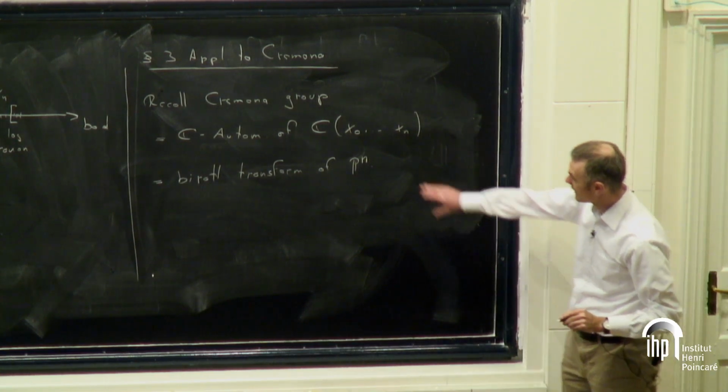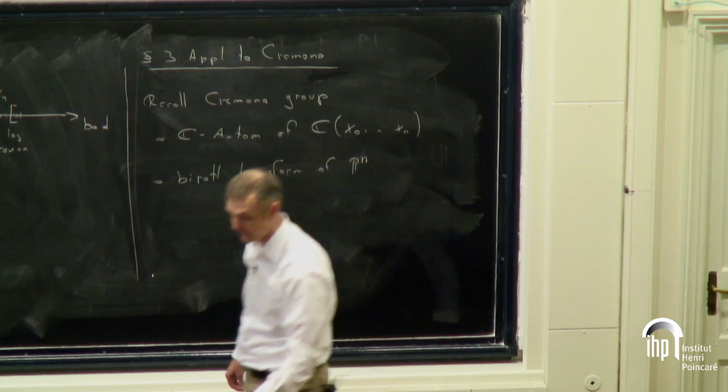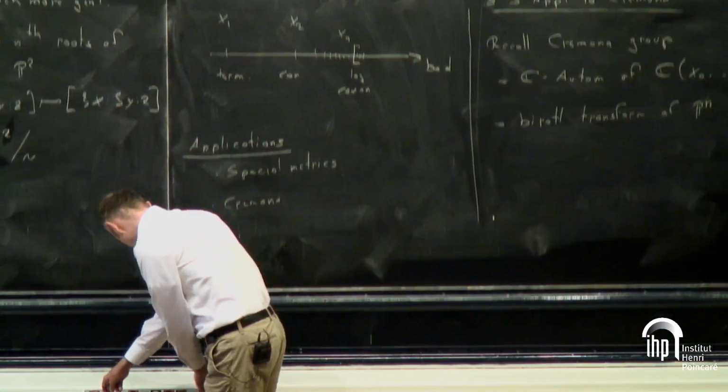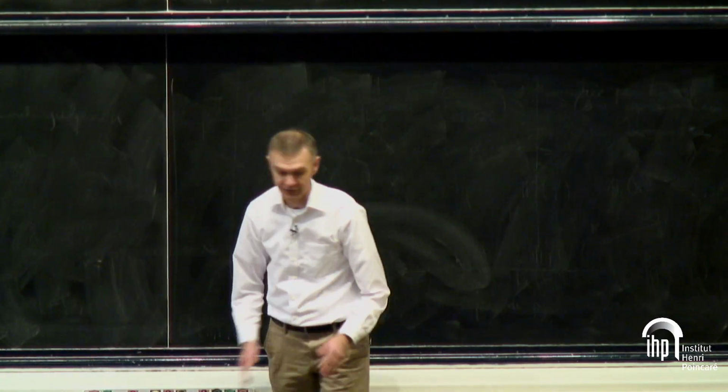And for today, I would like to take the second point of view. I would like to view the Cremona group as a group of birational transformations because this is more geometrical and will allow me to argue by geometric arguments.